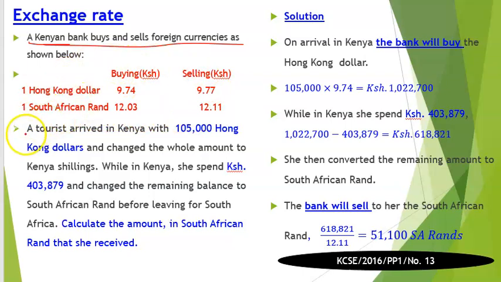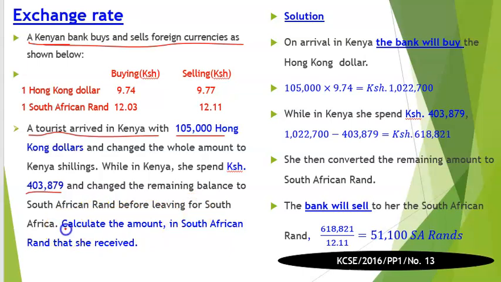So the question asked that a tourist arrived in Kenya with 105,000 Hong Kong dollars and changed the whole amount to Kenyan shillings. While in Kenya, she spent 403,879 and changed the remaining balance to South African rand before leaving for South Africa.